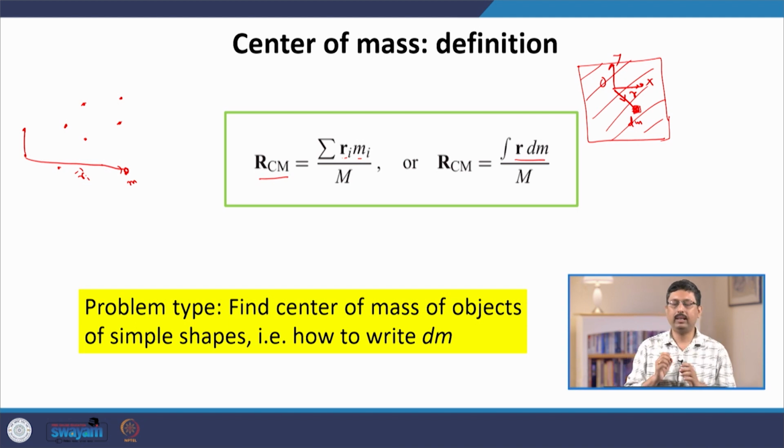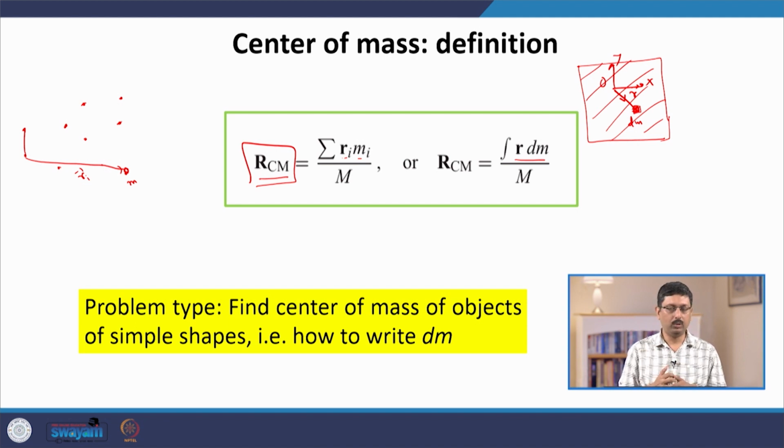So, to a mass distribution, something that is extended in space, to a first approximation, you can replace it by a point mass to describe its properties. Then the question will come: where do you put this point mass? That location is given by the center of mass position.